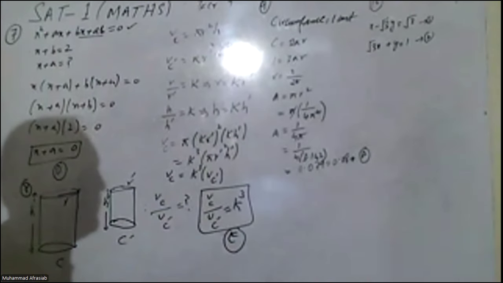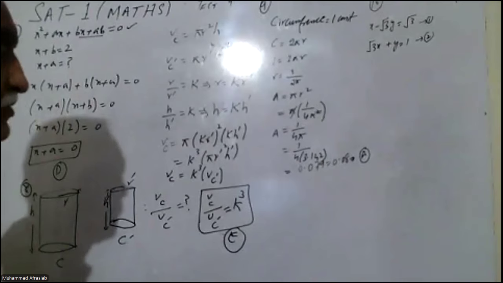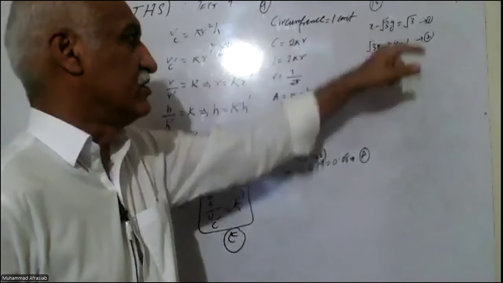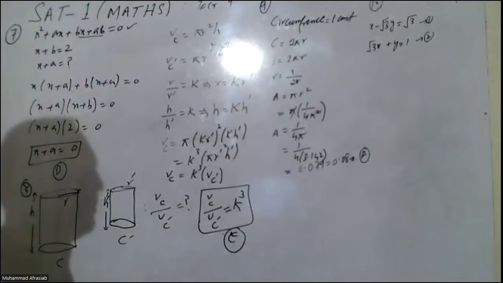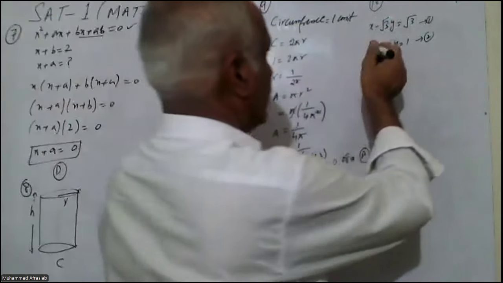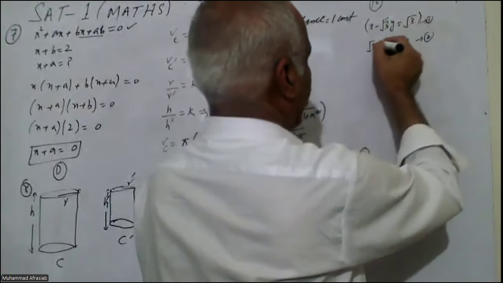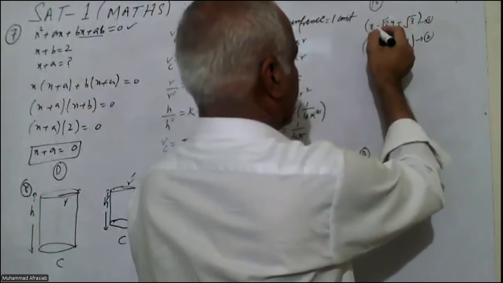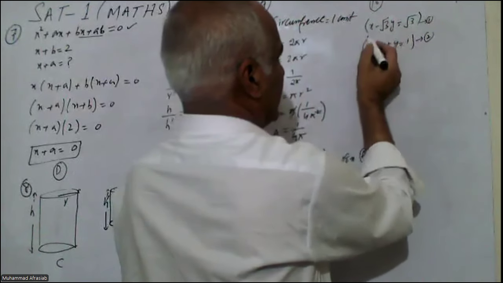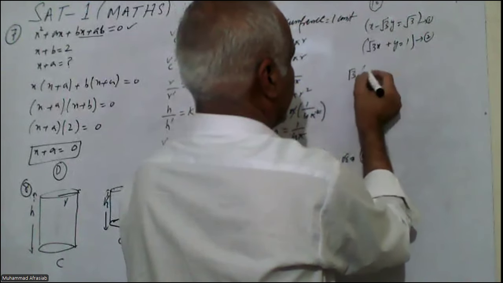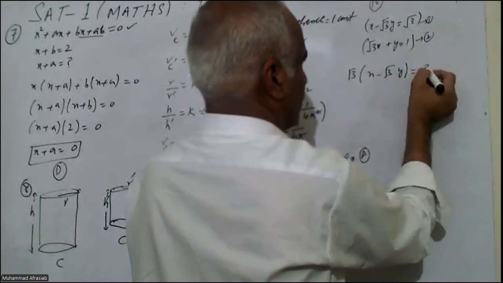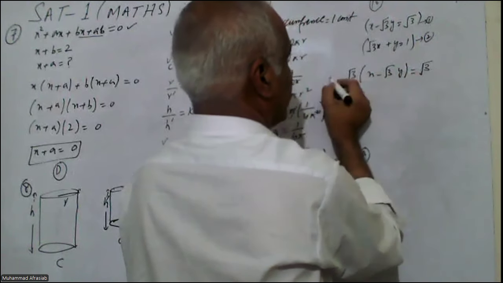This question is basically wrongly copied in that book, but it is actually this question: x minus square root of 3y is equal to square root of 3, and root 3 x plus y is equal to 1. So we can make the coefficient of x in both equations the same. Here, 1 will be multiplied by square root of 3: square root of 3 into x minus square root of 3 into y is equal to square root of 3.